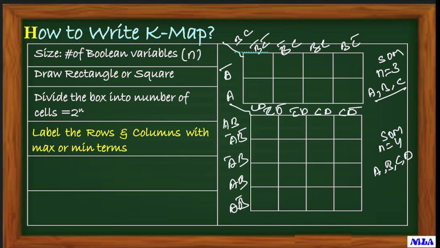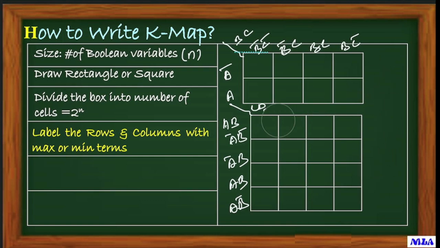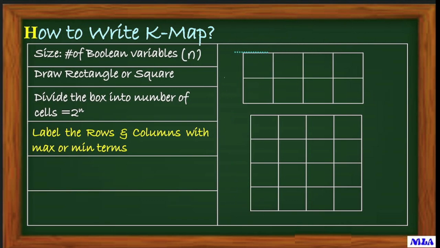Instead of that, if we have a max term form, then we will label the rows and columns with the max terms. Let me look into that also. Let me consider that we have a Boolean function with the number of variables n equal to 4 involving the variables a, b, c, d, and the function is in a product of max term form.